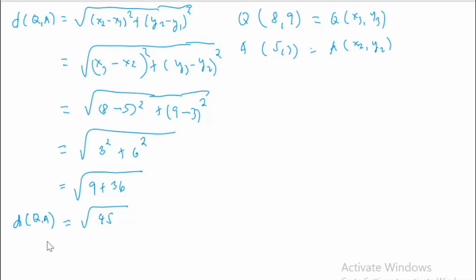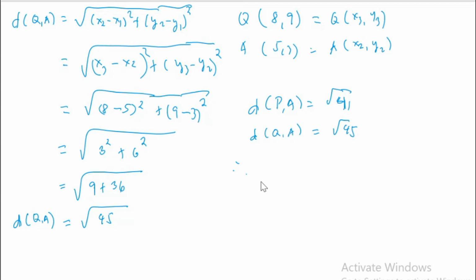So the question is, we are asked which point between P and Q is closer to the point A. So let's compare. Comparing the distance PA, which is the square root of 41, and the distance QA, which is equal to the square root of 45, we could say that the closest to the point A is point P, because the square root of 41 is a smaller value compared to the square root of 45.